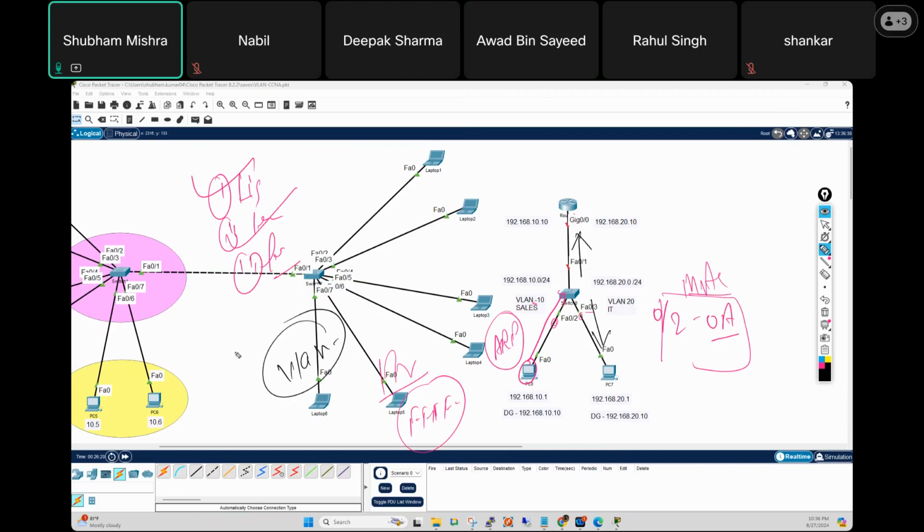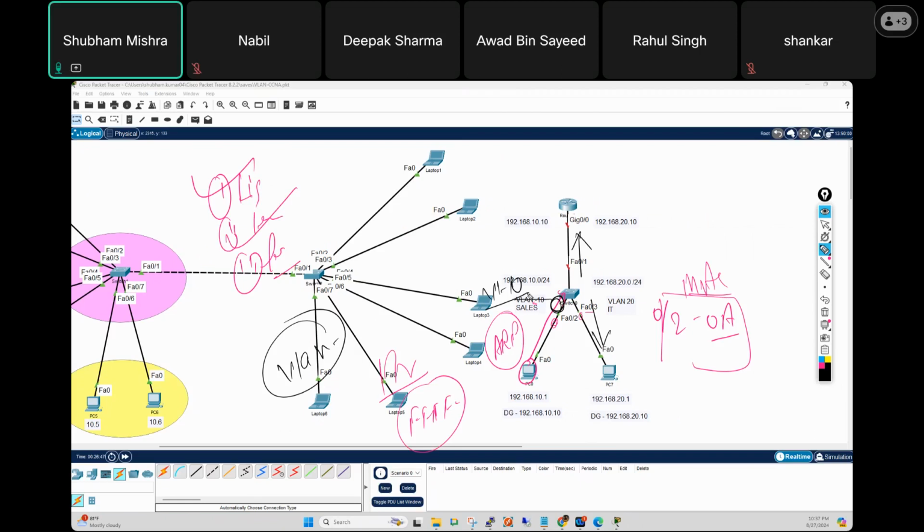It means the switch checks on which interface it received this ARP packet. This interface. And this interface is part of which VLAN? VLAN number 10. It means I have to forward this broadcast packet through all the interfaces which are part of VLAN number 10.